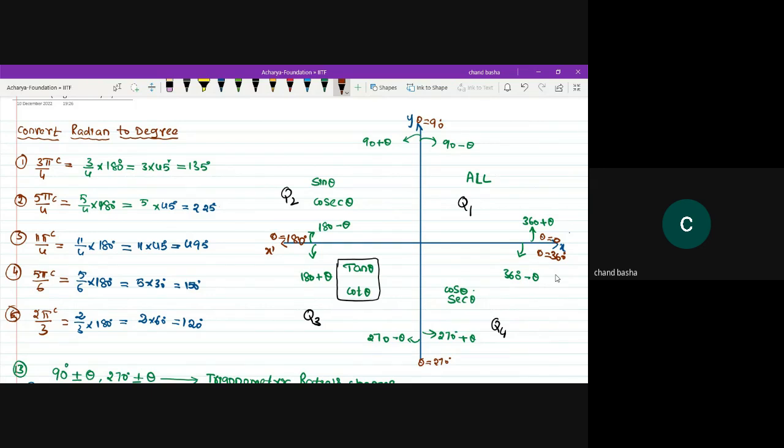Something greater than 180 means the right side, moving in the anti-clockwise direction. You know how the angle is measured, that is in the anti-clockwise direction, counter-clockwise. Suppose you measure clockwise, that is in minus theta, a negative angle, which we will discuss later.